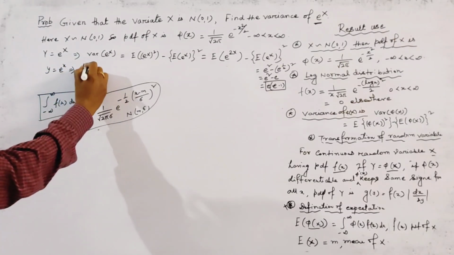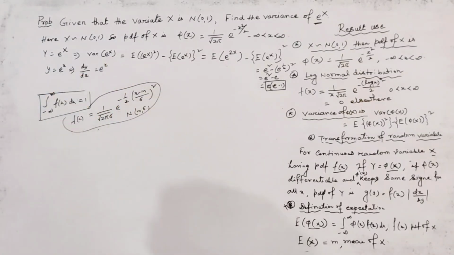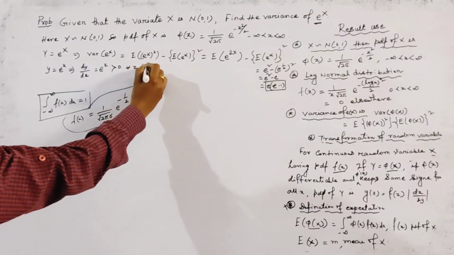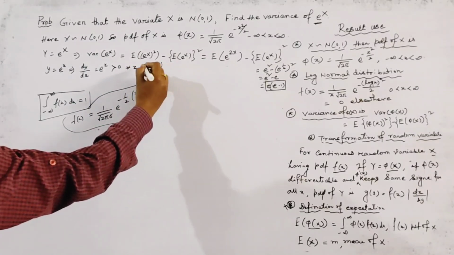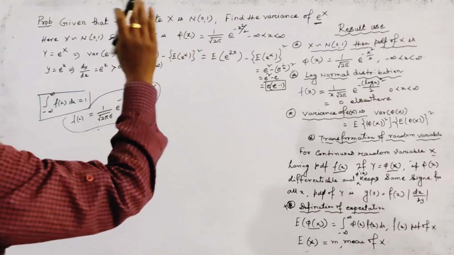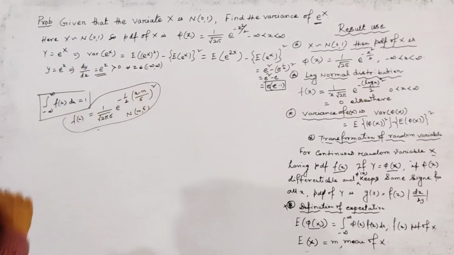Now in real variable we write y equals e to the power x, and getting dy by dx, this is e to the power x, and clearly this is greater than 0 for all x belonging to minus infinity to infinity, because the range is minus infinity to infinity for normal 0-1. So this is differentiable and also it keeps constant sign.